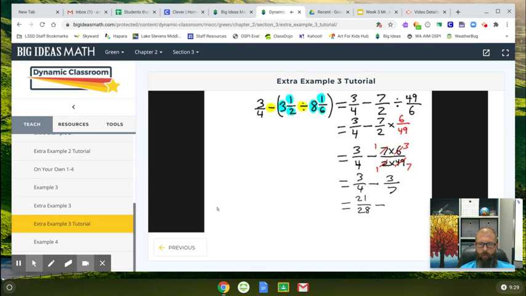Now we're ready to subtract. Subtracting the numerators, I get 21 minus 12 is 9. Now we're talking. So the answer to the problem is 9 28ths. I think that's about all we can do.